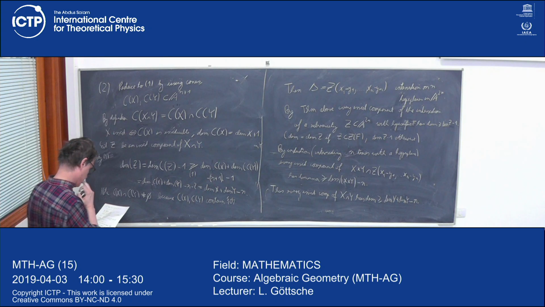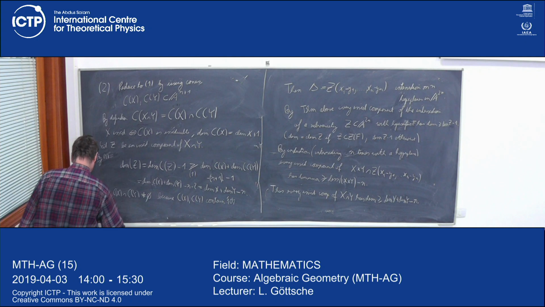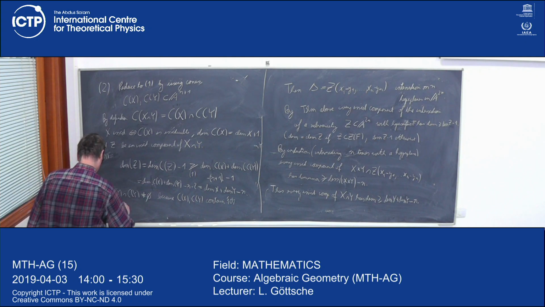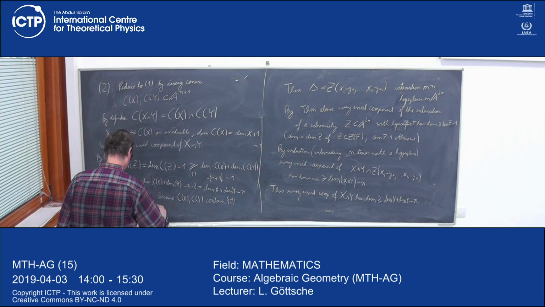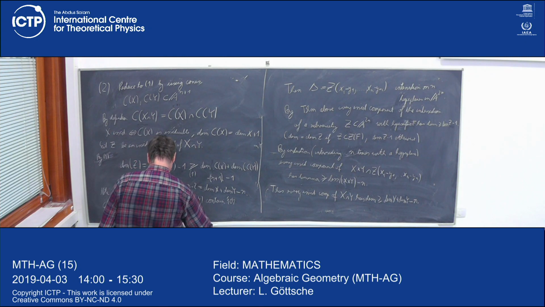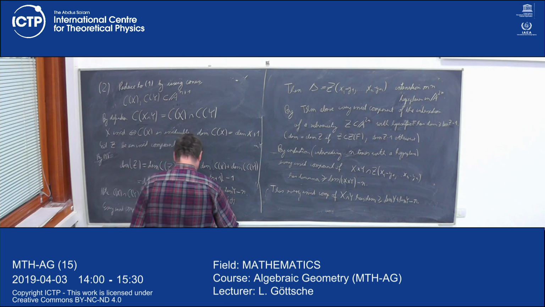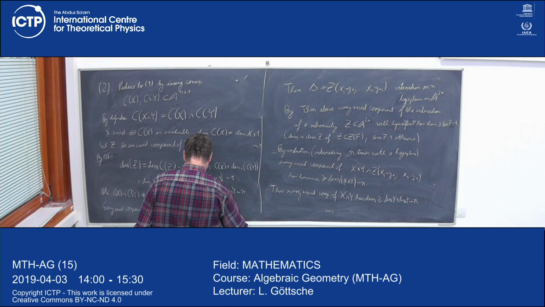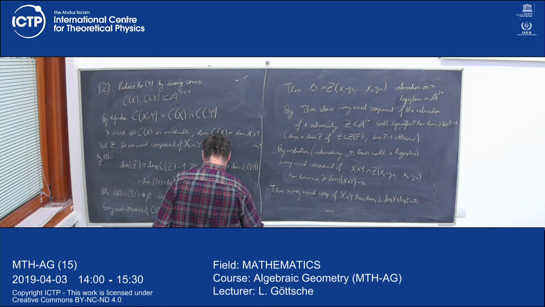Now, every irreducible component of Cx intersected Cy has dimension bigger equal to the dimension of X plus dimension of Y minus n plus 1.